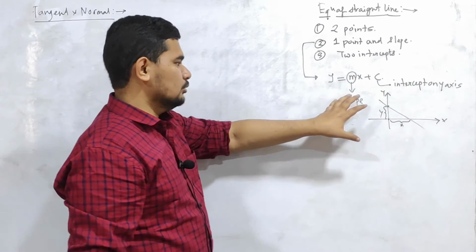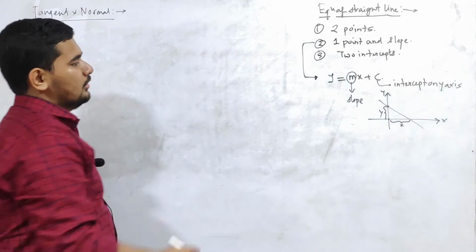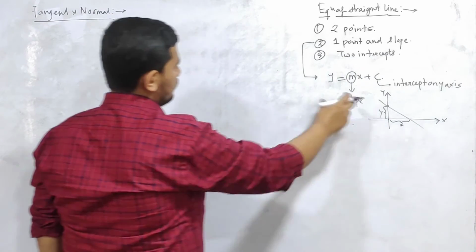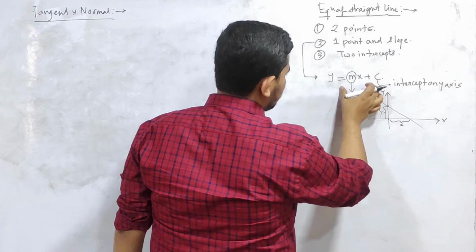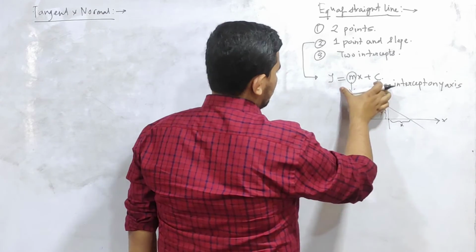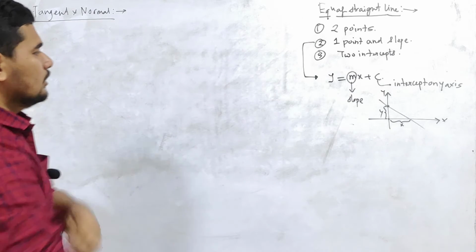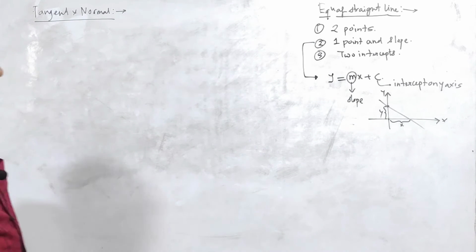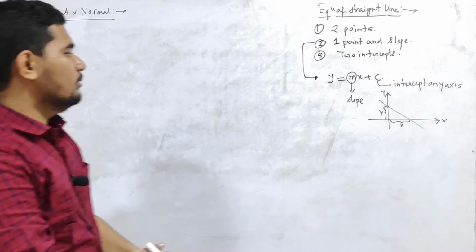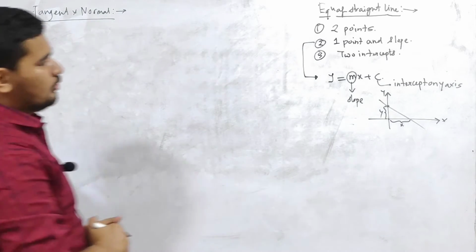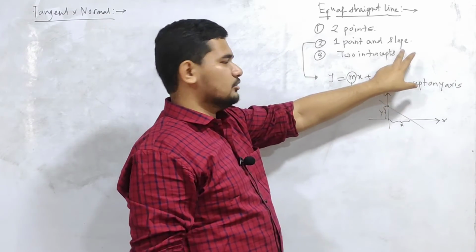So to determine the equation of a straight line, the 2 pieces of information we need are the slope of that line and the intercept, or we can be given 2 points. So the basic information we need is the slope.